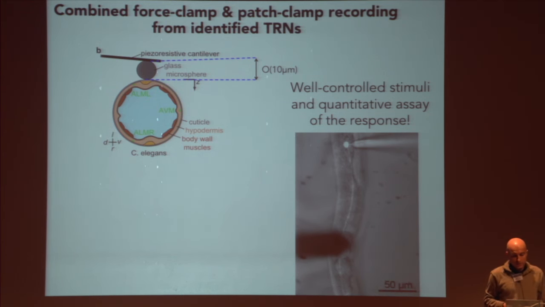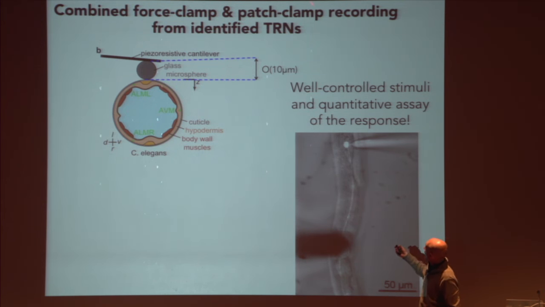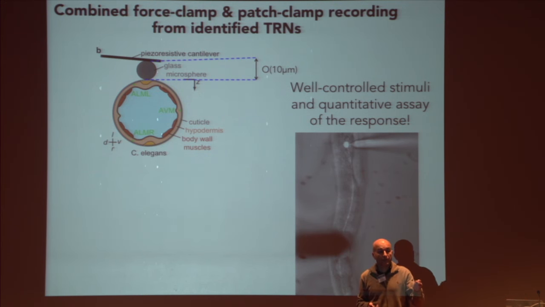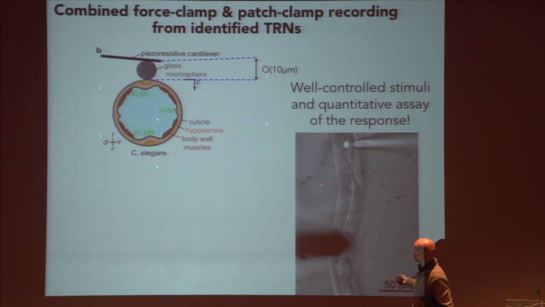ball, which is controlled by a feedback system. And the other thing, which was the main step forward in the field, was that they were able to patch clamp on living worms and have, as you can see here, a recording pipette. You expose with a razor.